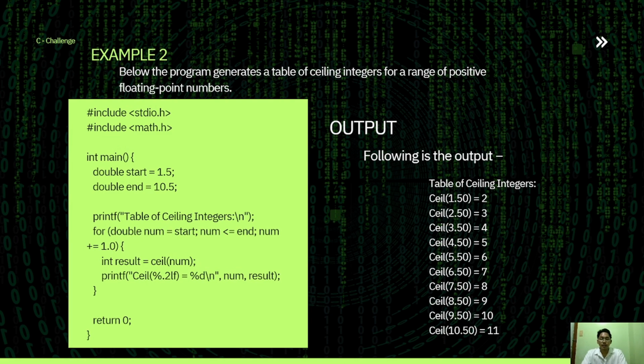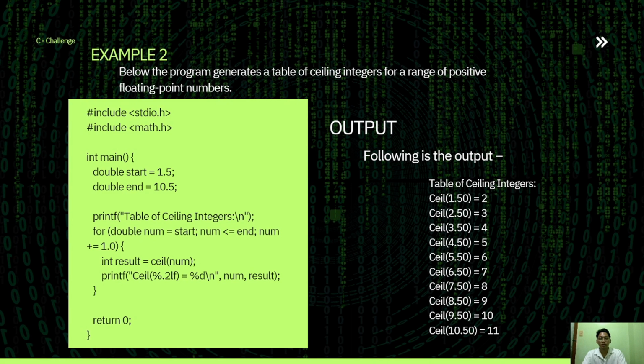Below, the program generates a table of ceiling integers for a range of positive floating point numbers. The output will be the table of ceiling integers. The start is 1.5 and the end is 10.5.